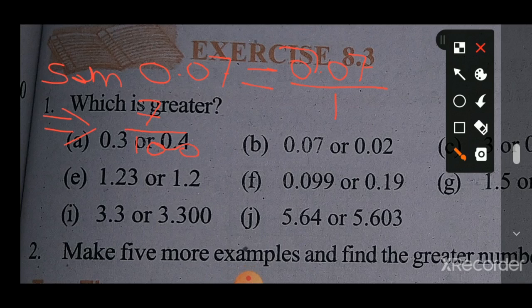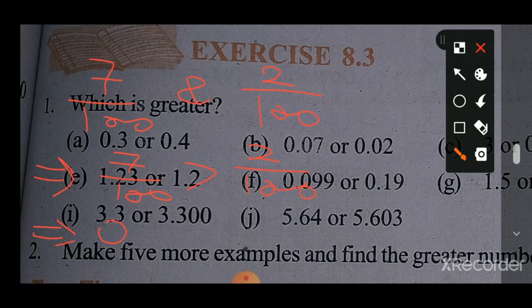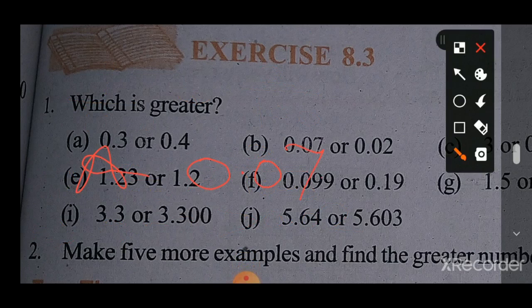Similarly for 0.02 in fraction form, it is 2 upon 100. In these two numbers the denominators are same, so we compare the numerators only. It means 7 upon 100 is greater than 2 upon 100, so 0.07 is greater than 0.02.